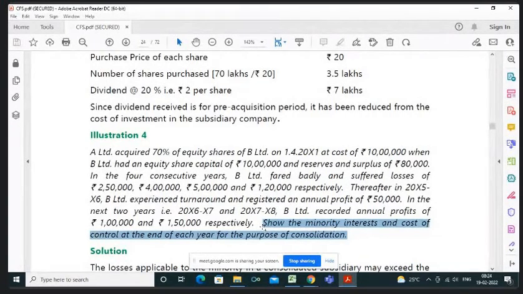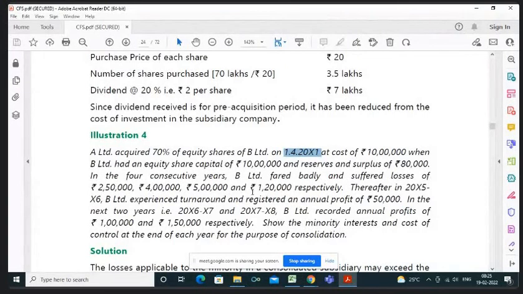So there are several years. Our first year starts with 1/4/2011. So this is the date of acquisition. On this date, we have to find out the cost of control. And after that, there are so many years, 4 years of losses and 3 years of profits.